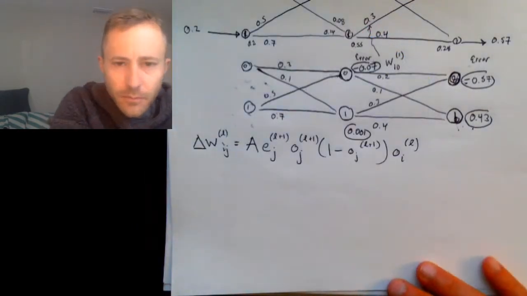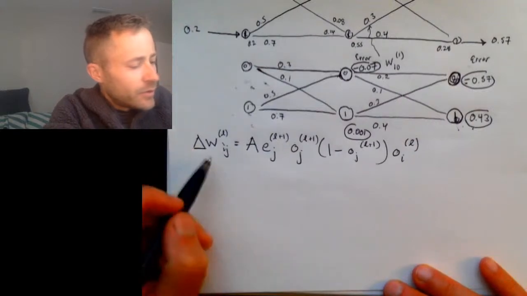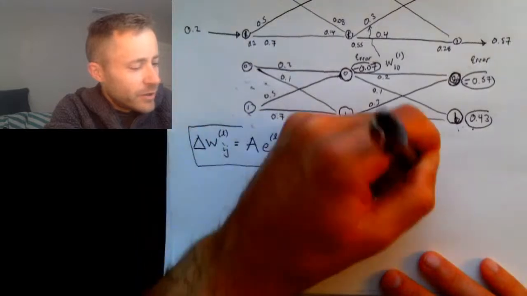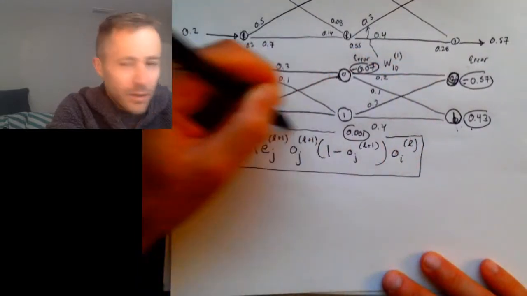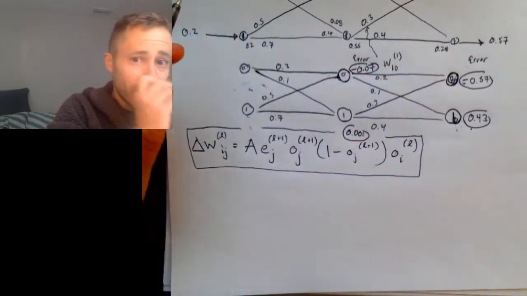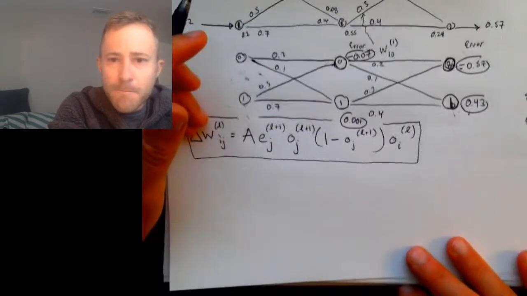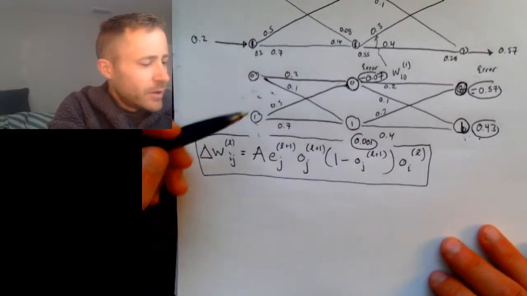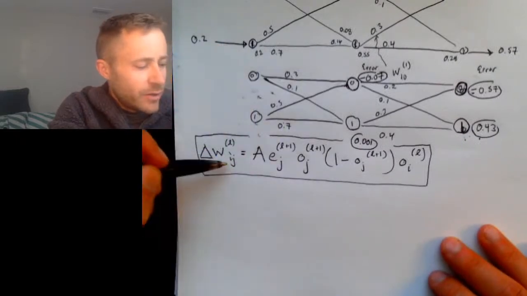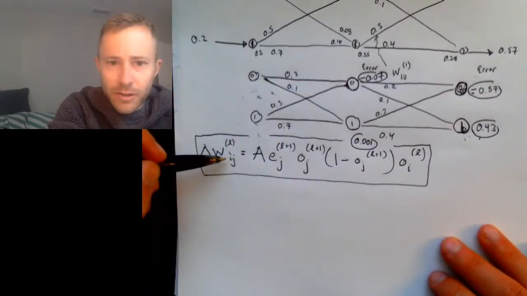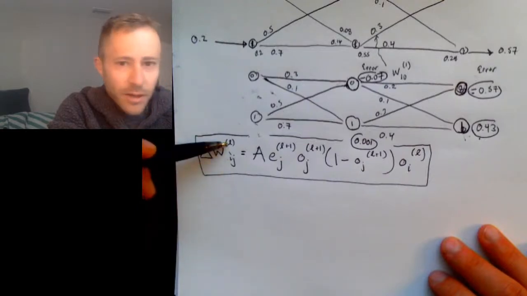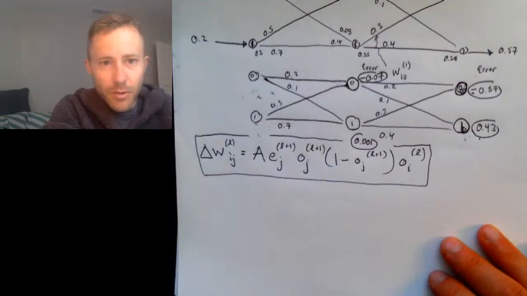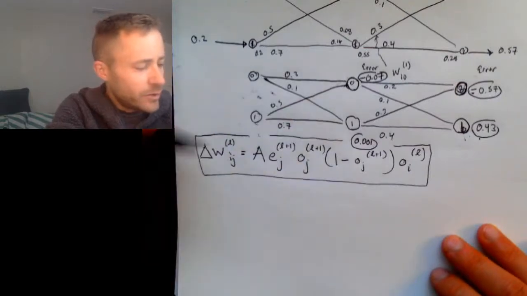So this is our equation, and it's in the assignment. So if you don't write this down, it's okay because it's in the assignment. This is the change in the link connecting neuron i in layer L to neuron j in layer L plus 1. That's what this notation means.